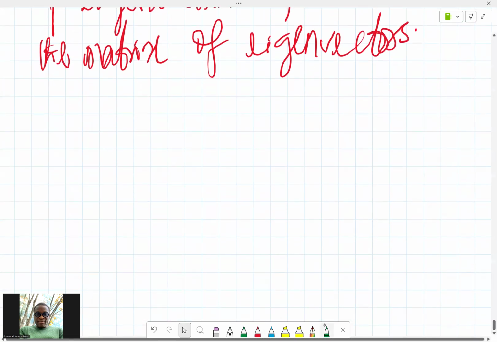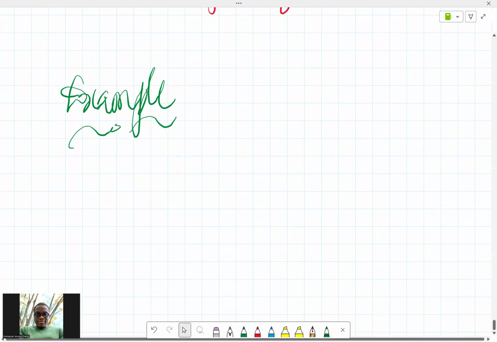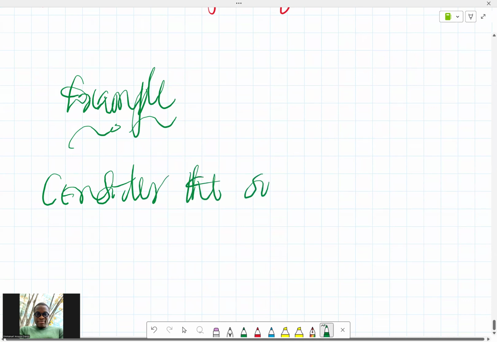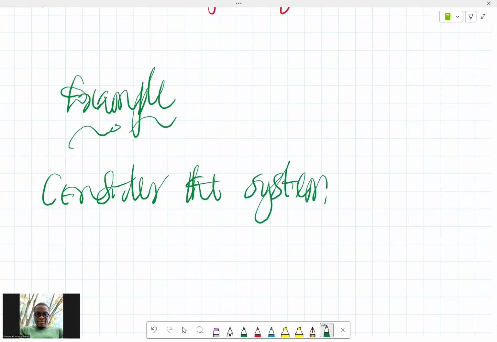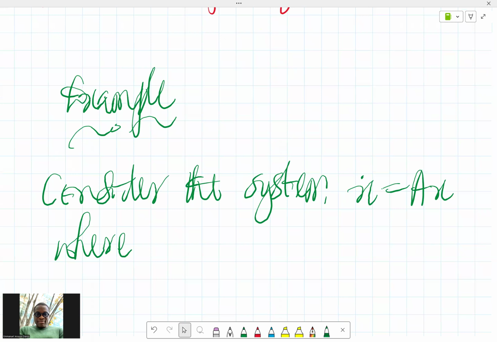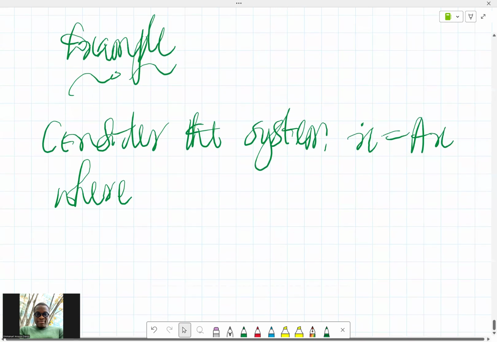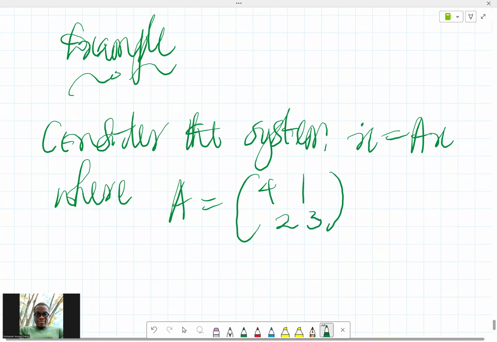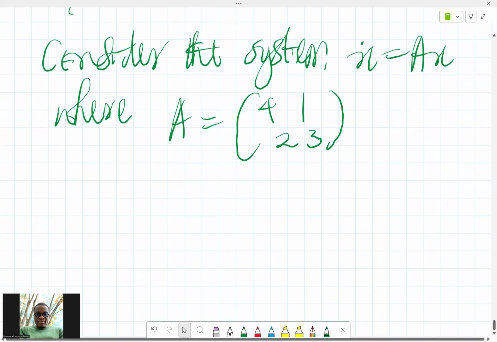Then that leads us to look at the example. Consider the system x dot equals Ax, where x dot is dx/dt, and A is [4 1; 2 3], the same matrix we've been using.